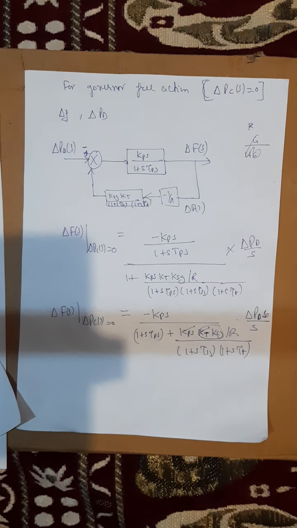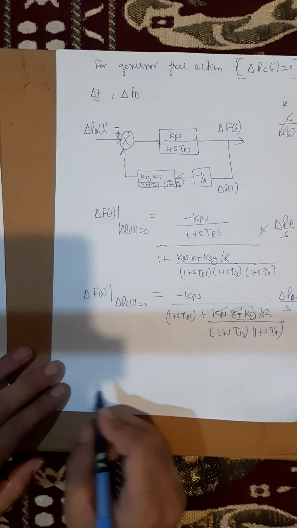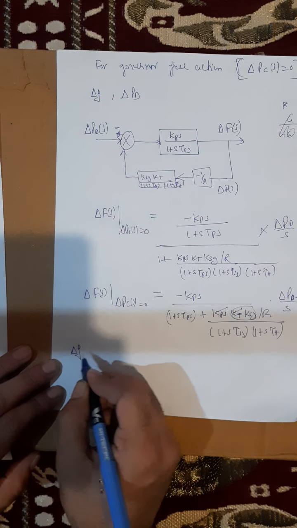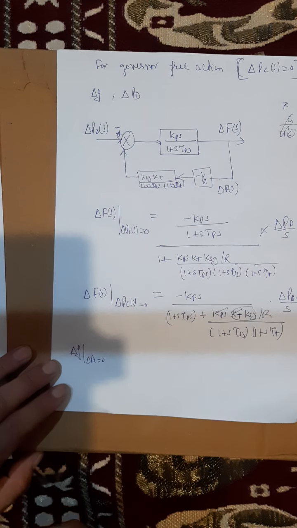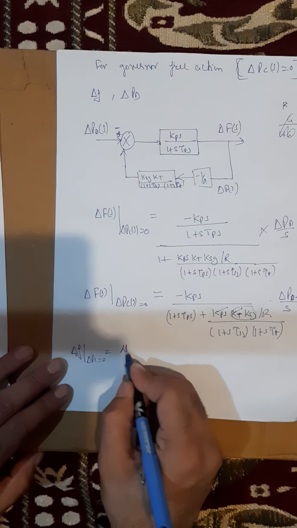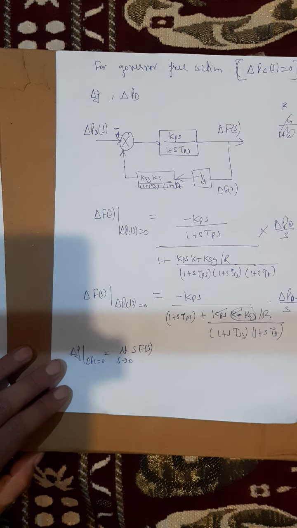Before that, we will apply the final value theorem here. If I apply that theorem, I will get delta F steady state when delta PC was equal to 0. This is the steady state, given by limit s approaches 0 of s F(s).